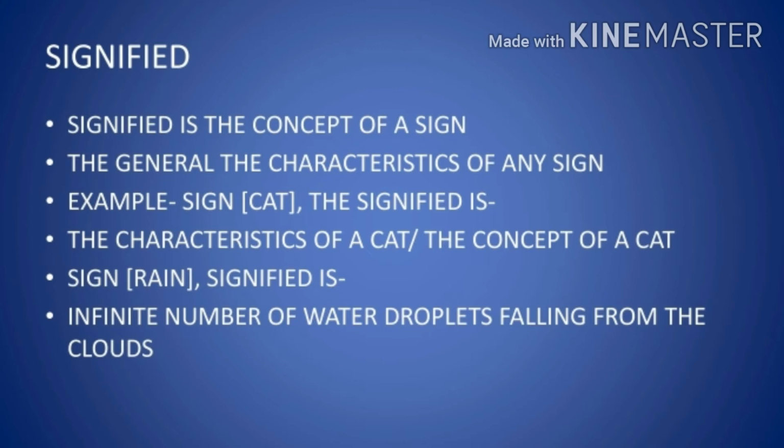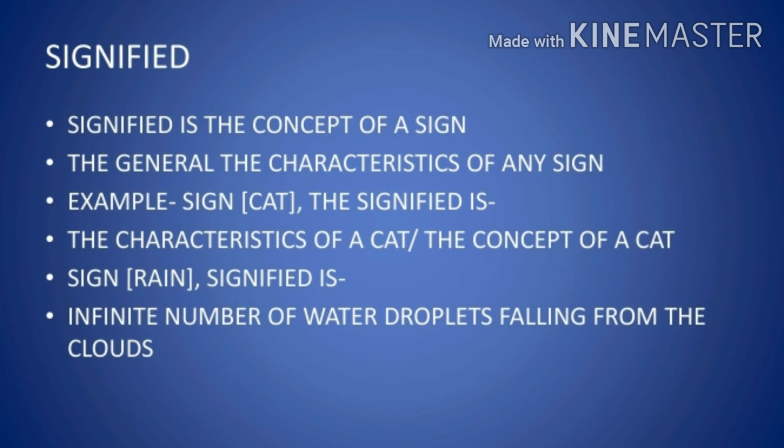Therefore, a signified is the concept or idea about the properties and characteristics of any object or phenomenon. Similarly, the signified of the sign rain is an infinite number of water droplets falling from clouds.